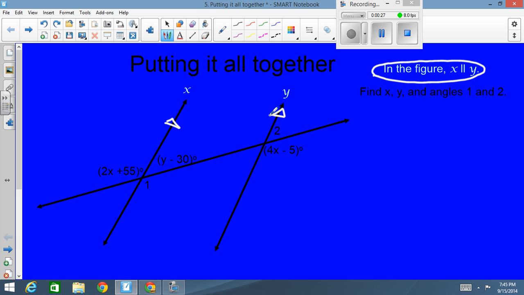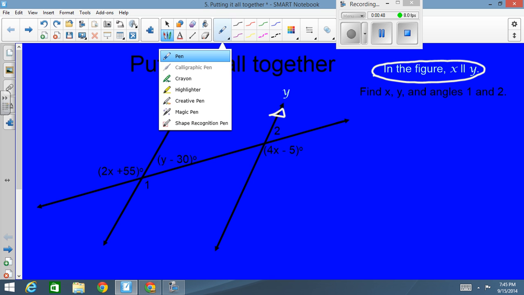And what that tells us is that we have special angle pairs. Now the question says to find x, y, and angles 1 and 2. But looking here, I cannot find 1 or 2 or even y without knowing x first.